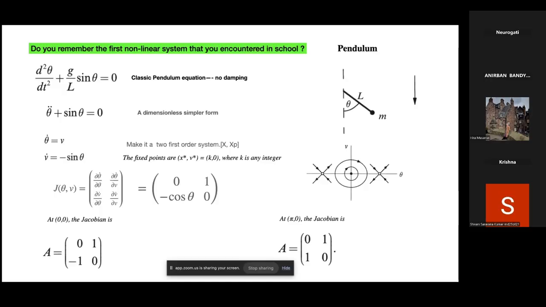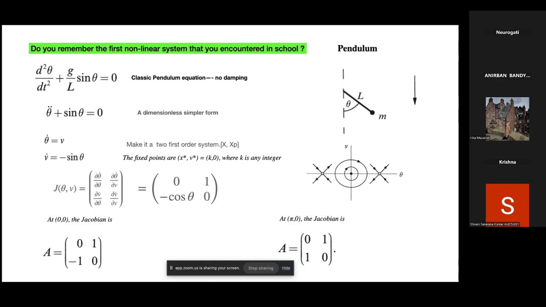When we do the Jacobian, we take the derivatives of these functions, v and minus sine theta. So it will be del theta dot by del theta, del theta dot by del v, del v dot by del theta, and del v dot by del v, around the fixed points 0, 0 and pi, 0.